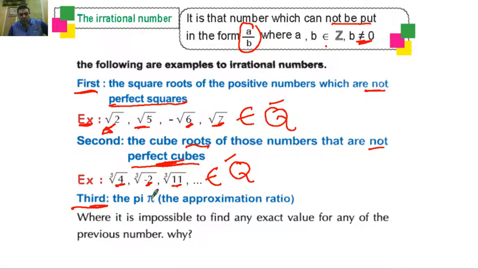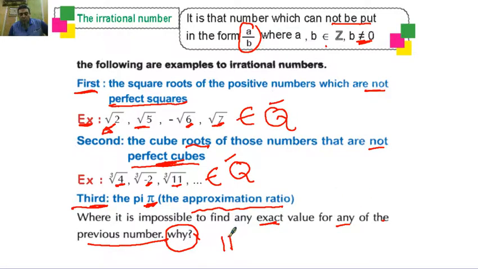The third definition: pi, the approximation ratio, where it is impossible to find any exact value for any of the previous numbers. Why?